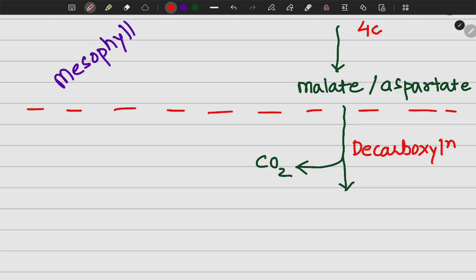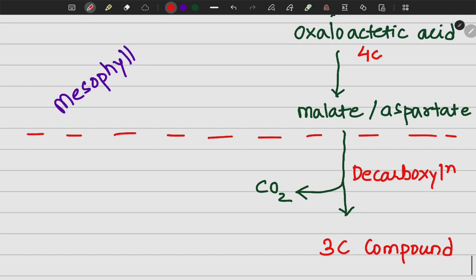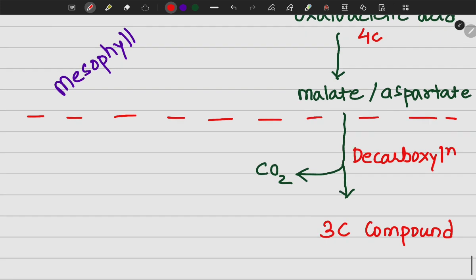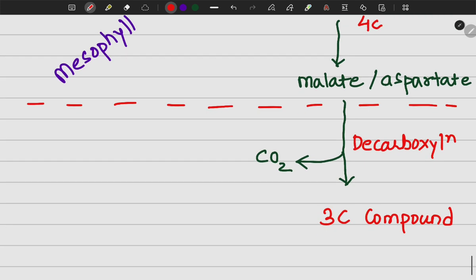And they will form a 3-carbon compound. This is happening in the bundle sheath. Decarboxylation occurs in the bundle sheath, carbon dioxide will be released and the 3 carbon compound will form.